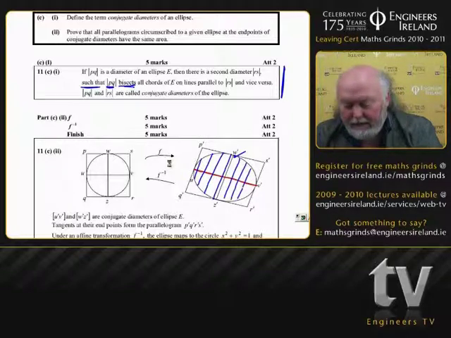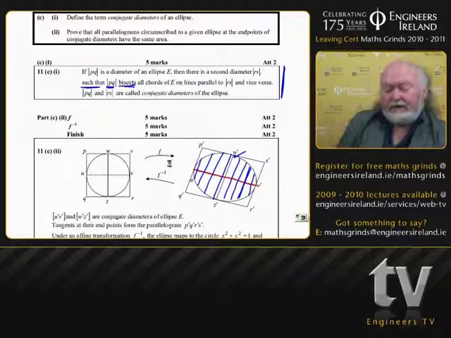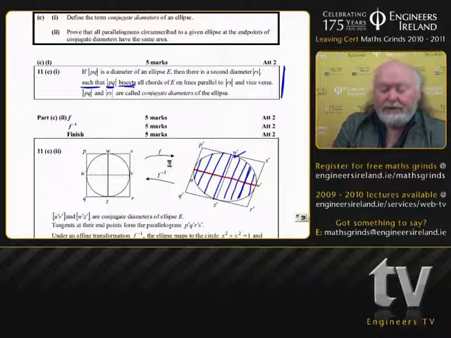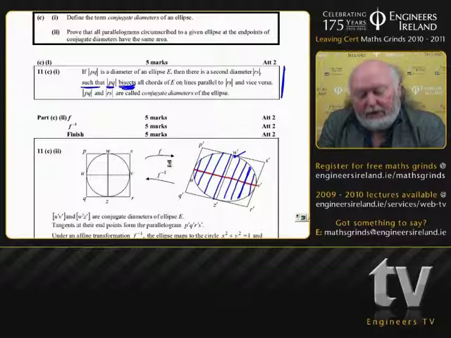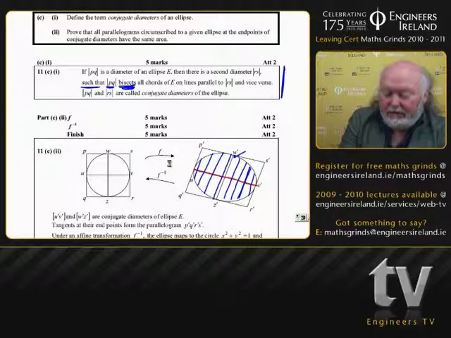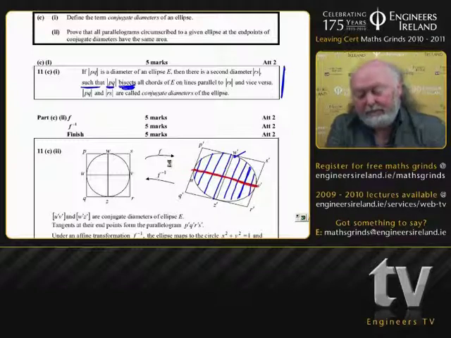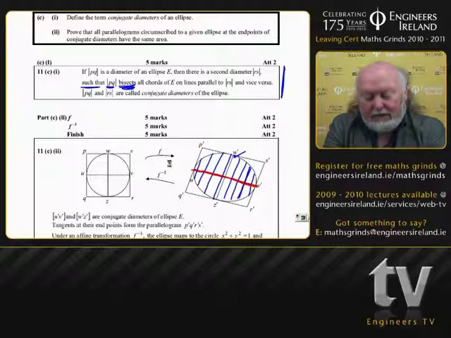But all these parallel lines have to share one common characteristic, and the characteristic is that they're bisected by the one that's looking for its conjugate. They're all bisected by this red line. Very nice definition, that. The conjugate diameter is the one where all lines parallel to it that are chords of the ellipse are bisected by your first diameter.